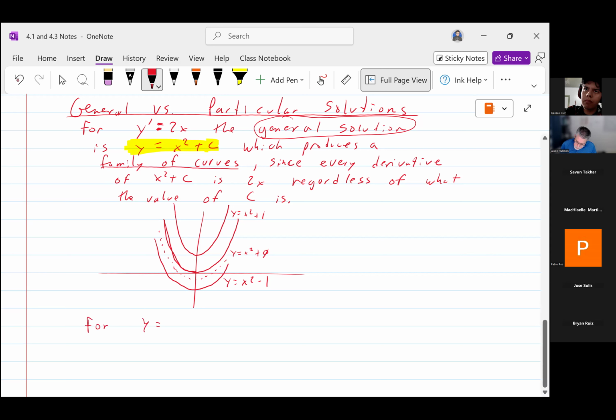For y prime equals 2x, y equals x squared minus 3 is what's called a particular solution.